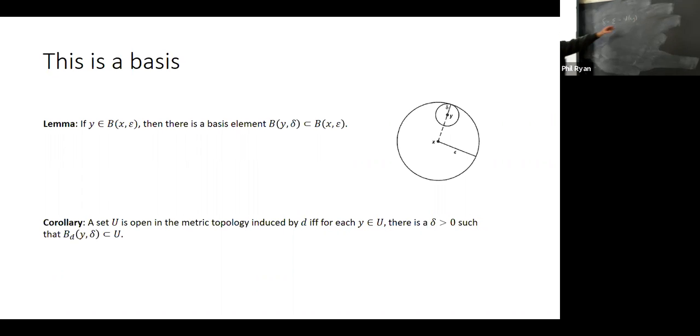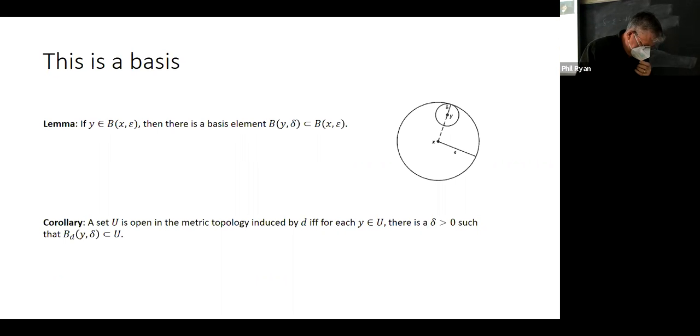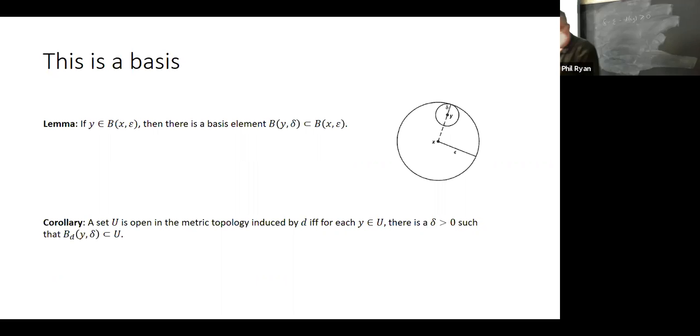Since this is less than epsilon, this is going to be greater than 0. And so that is in fact the basis element. The proof of that basically follows from the diagram, because if z is in this ball B(y, delta), we've got to prove that z is also in this ball.